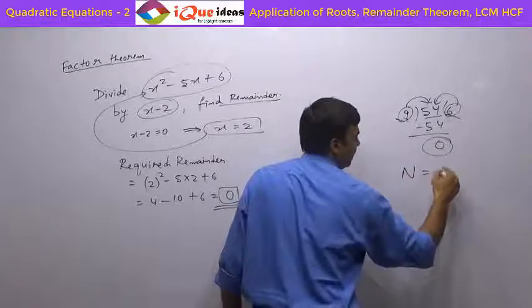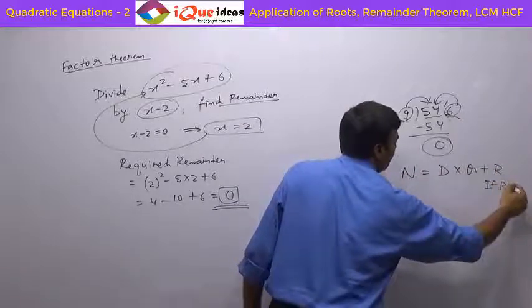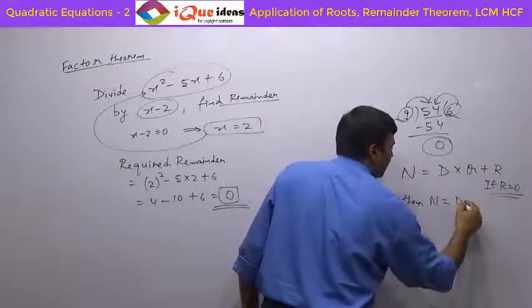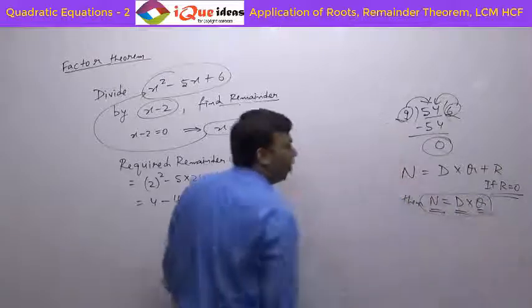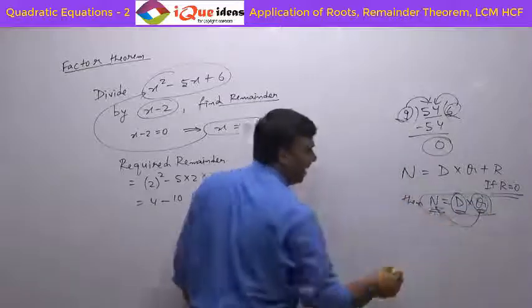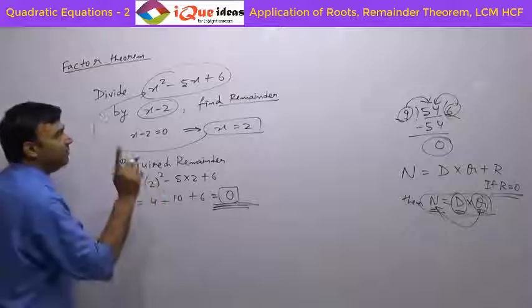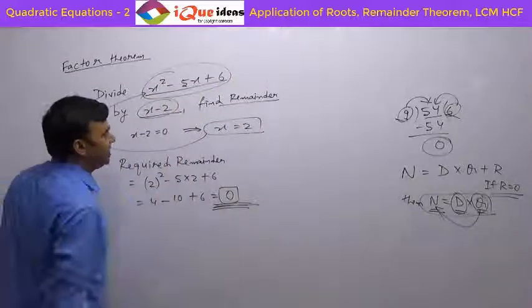Remember that n is equal to d into q plus r. If r becomes 0, then n will be equal to d into q. That means in that case, n is divisible by d and q both. In that case, we can say that both d and q are factors of n. So here also, if the remainder is 0, that means this x square minus 5x plus 6 is divisible by x minus 2.